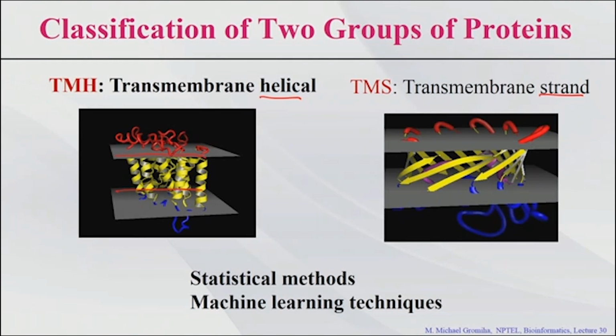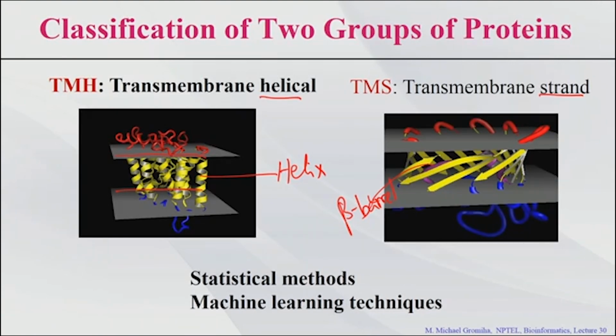This one, inside the membrane, is helical, so we call this type transmembrane helical proteins. The second type is a protein which contains a beta barrel. These we call transmembrane beta barrel proteins or transmembrane strand proteins. The abbreviations I use are TMH and TMS.